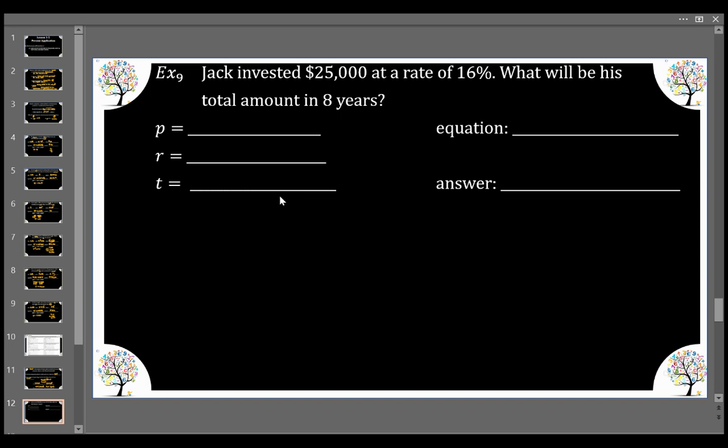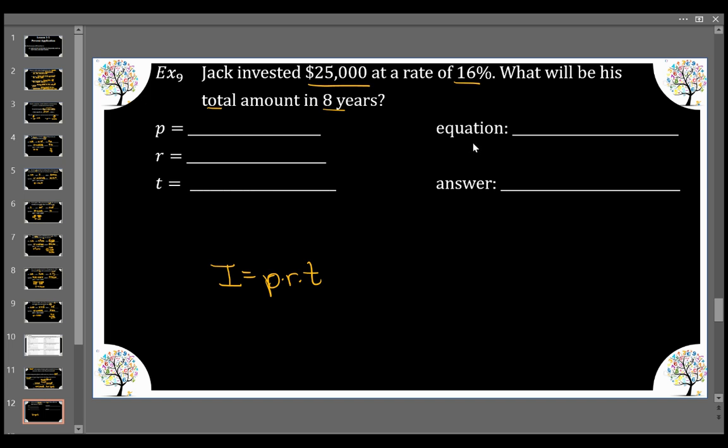Let's take a look at an example. Jack invested $25,000 at a rate of 16%. What will be his total amount in 8 years? So let's write out interest equals our principal times the rate times the time. Let's write out our equation. I always like to have my equation written in front of me, and we have it right here as well.